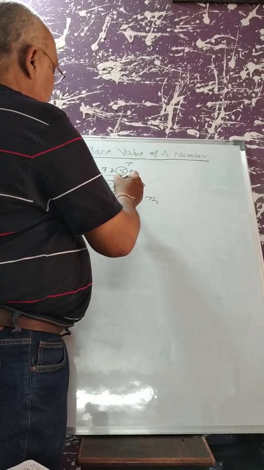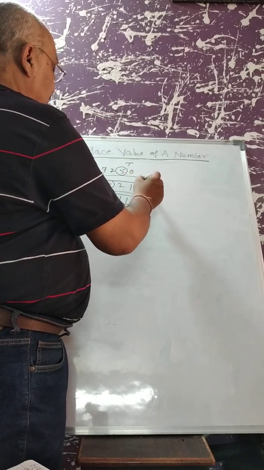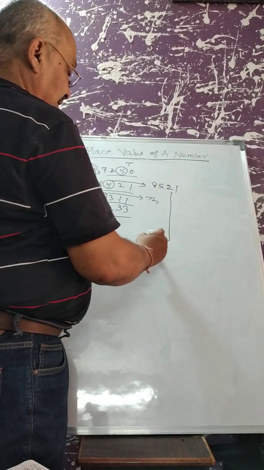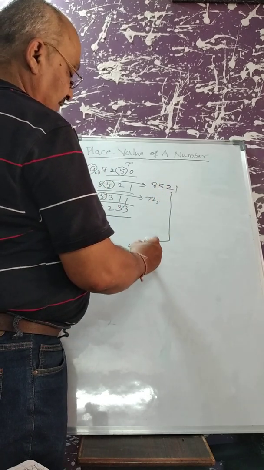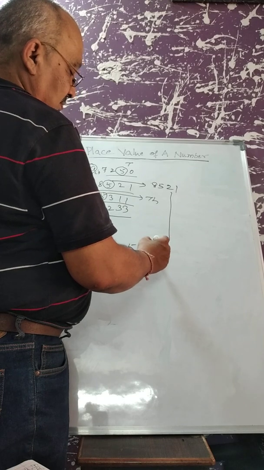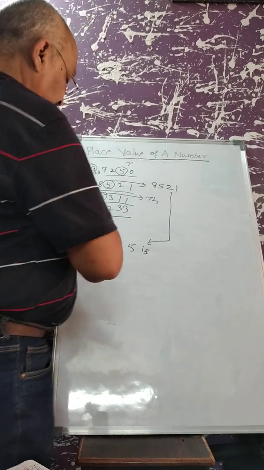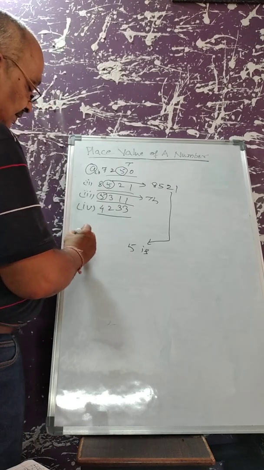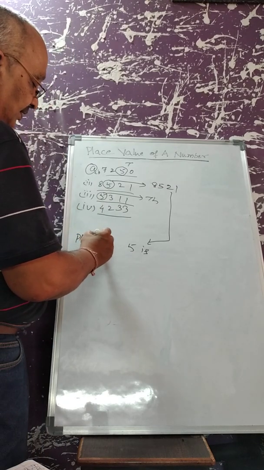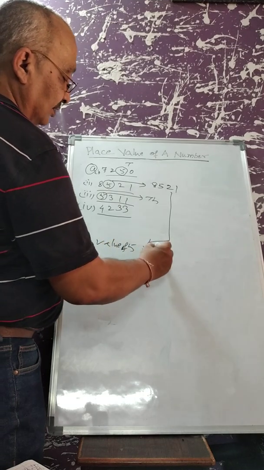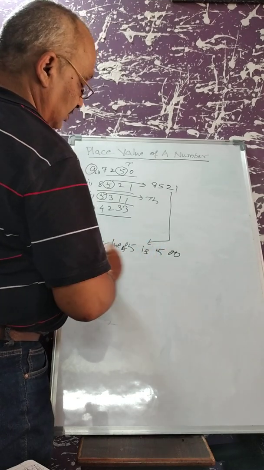So the number will be 8521, in which the place value of 5 is 500.